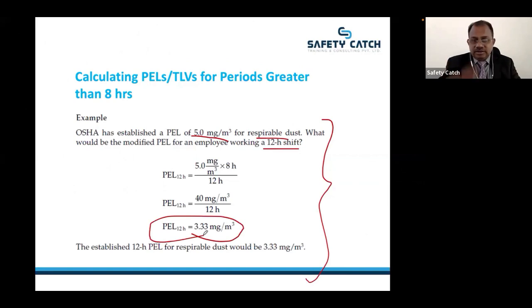What I explained, they are explaining in another way. Whether it is ppm or milligrams per cubic meter doesn't matter. Just understand the PEL for 8 hours, multiply by 8, divided by the actual shift hours. If he is working 12 hours, you get the revised one. You can see from 5 it has come down to 3.3. Revised PEL.